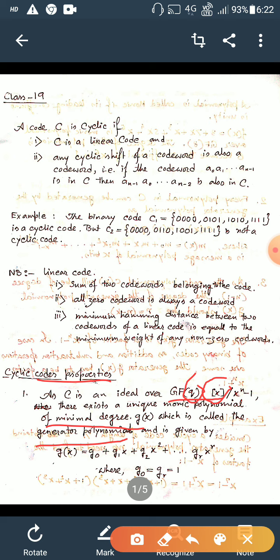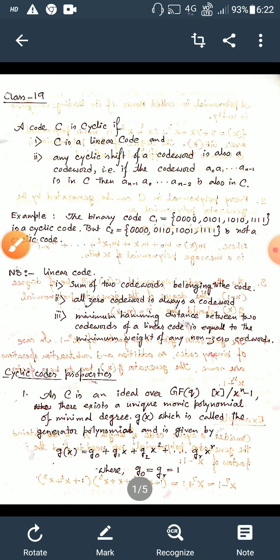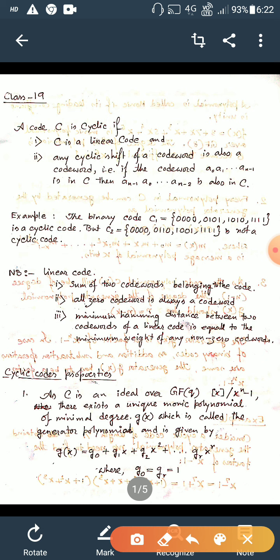So the generator polynomial can be obtained by using the minimal degree, and that is also a unique monic polynomial. And g is given in the form g0 plus g1x plus g2x squared up to gr x to the power of r.